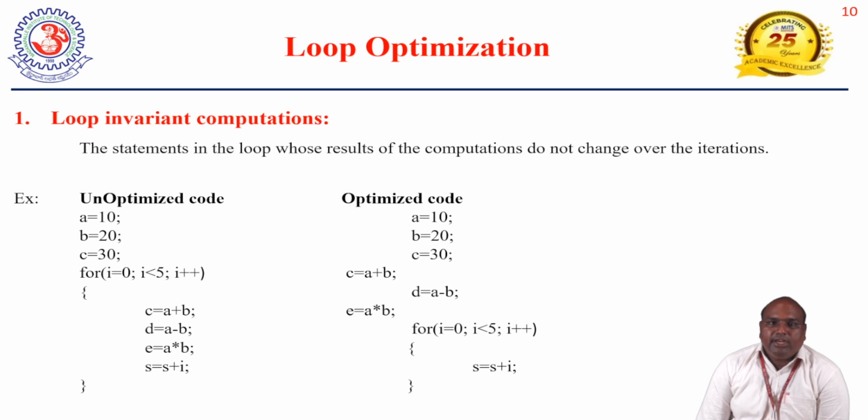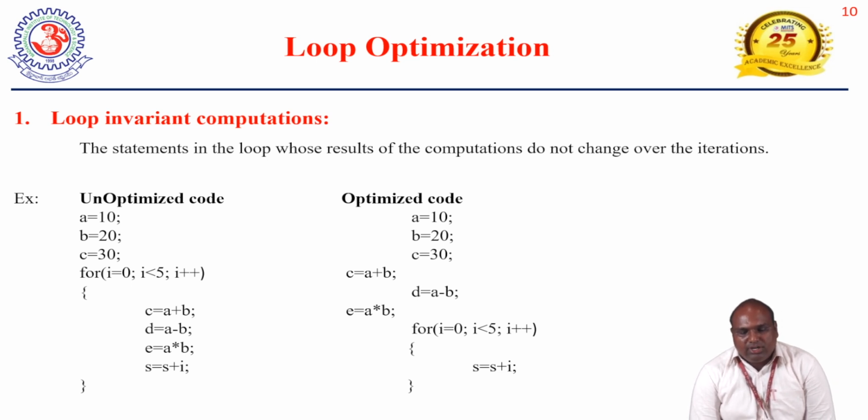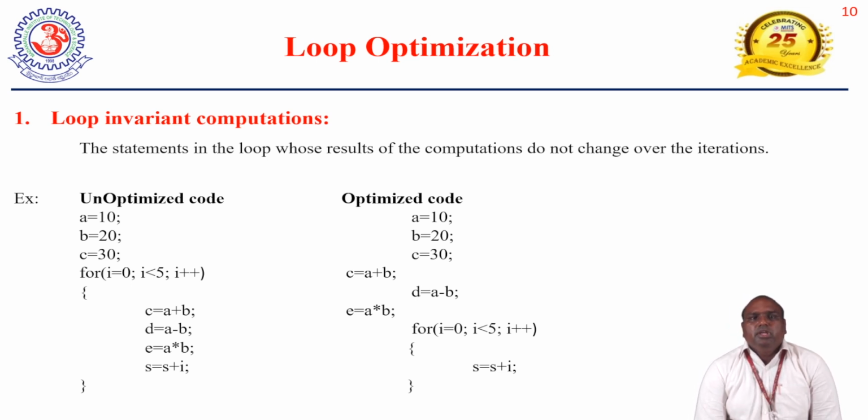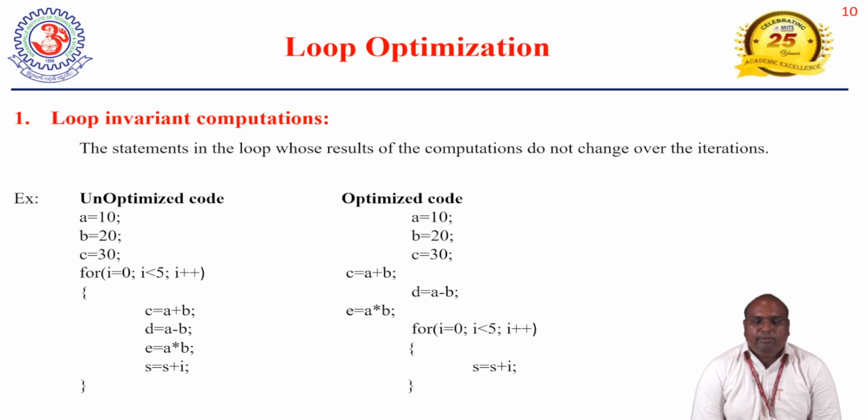First one is loop invariant computations. Here, in a loop, any statements whose computation results do not change over the iterations. It is also the same as code movement or code motion in the principal sources of optimization.